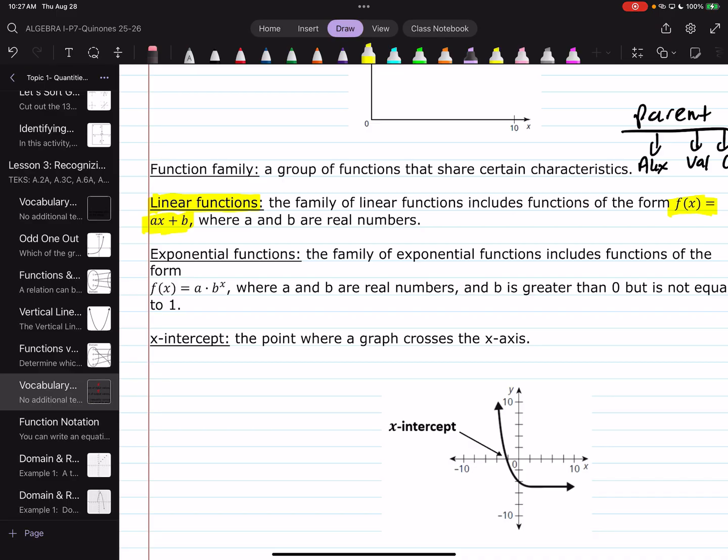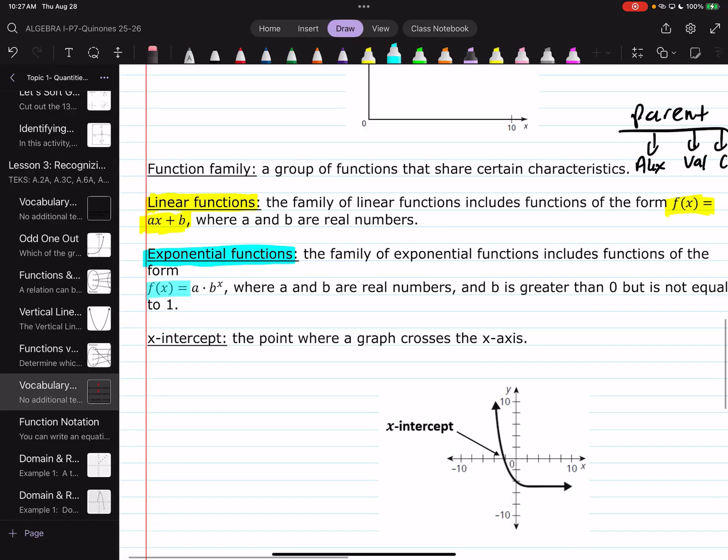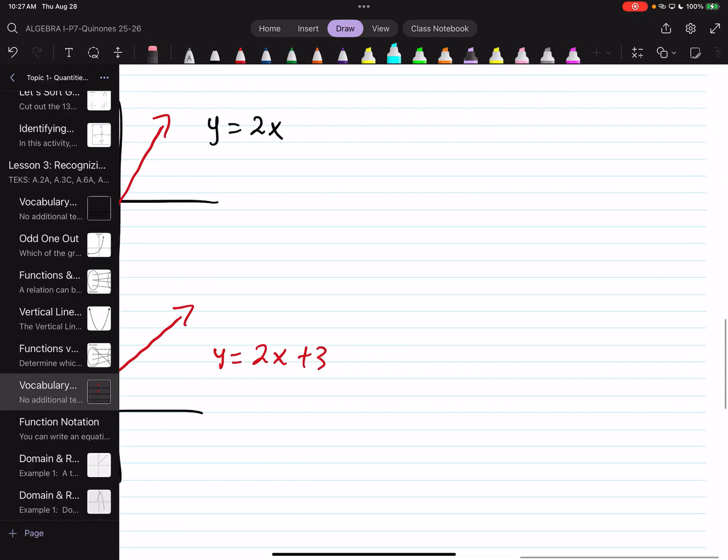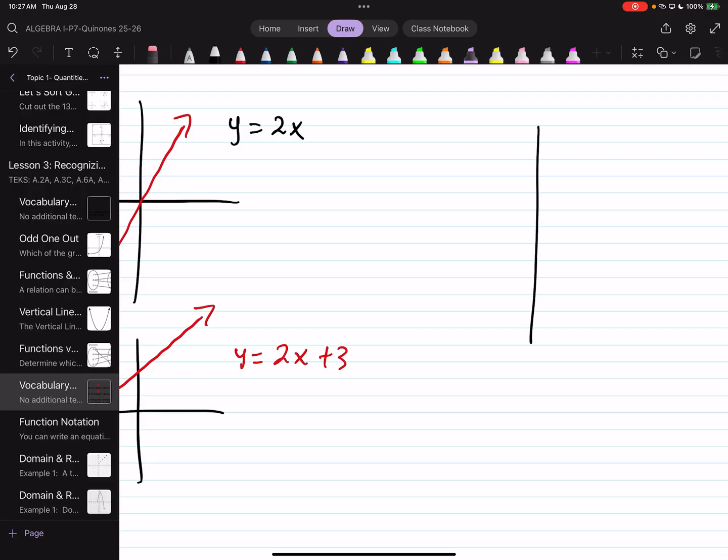Today you're going to look at some linear functions. You're also going to look at some exponential functions, where they look something like this. And what does that look like on a graph? Well, let's look. This would be y is equal to 1 to the x, which would look something like this.